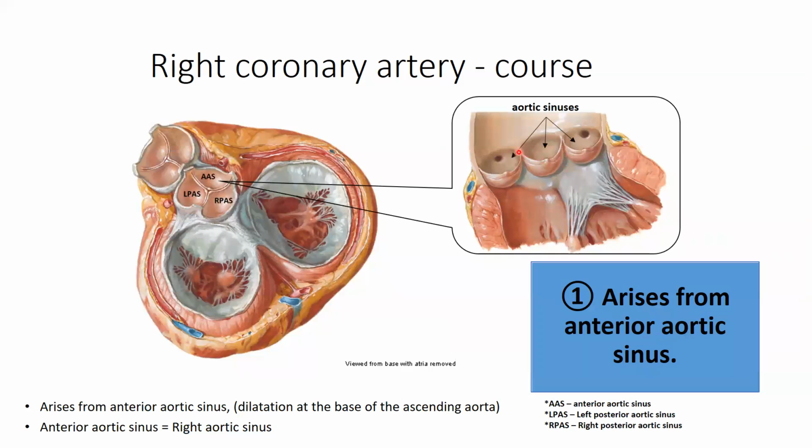One is anterior and the other two are posterior. The right coronary artery arises from the anterior aortic sinus, particularly this one.